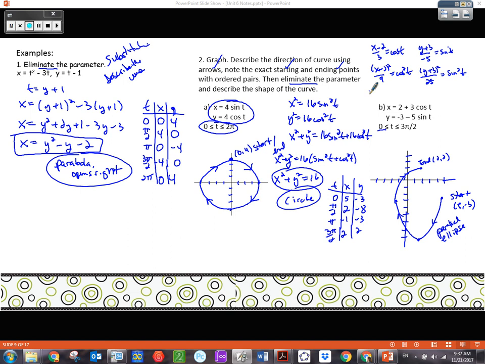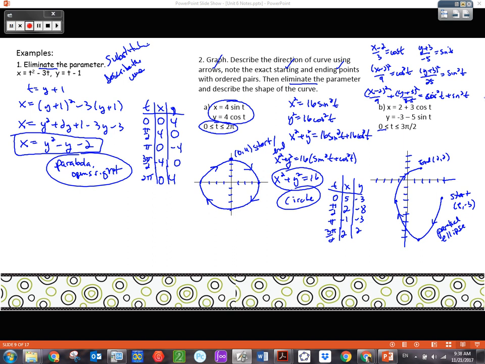So I'm going to get x minus 2 squared over 9 plus y plus 3 squared over 25 equals cosine squared t plus sine squared t. And we know what cosine squared t plus sine squared t is, right? It's 1. And what does that look like?